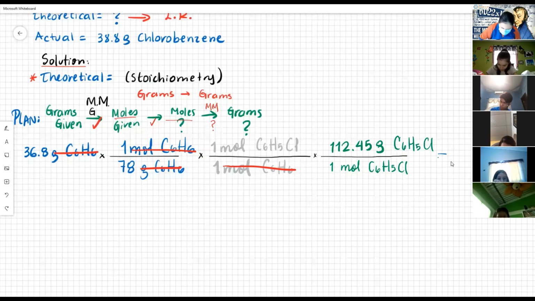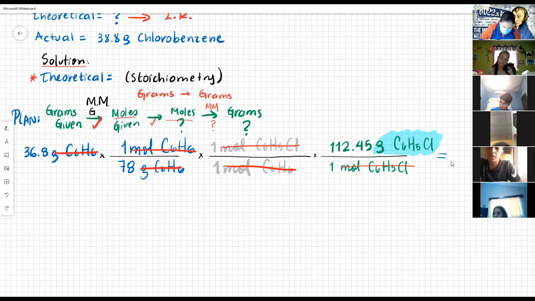So how much do you get from there? Remember to cancel the units. How much do you get here? 53.05, and you write the units, grams of chlorobenzene.